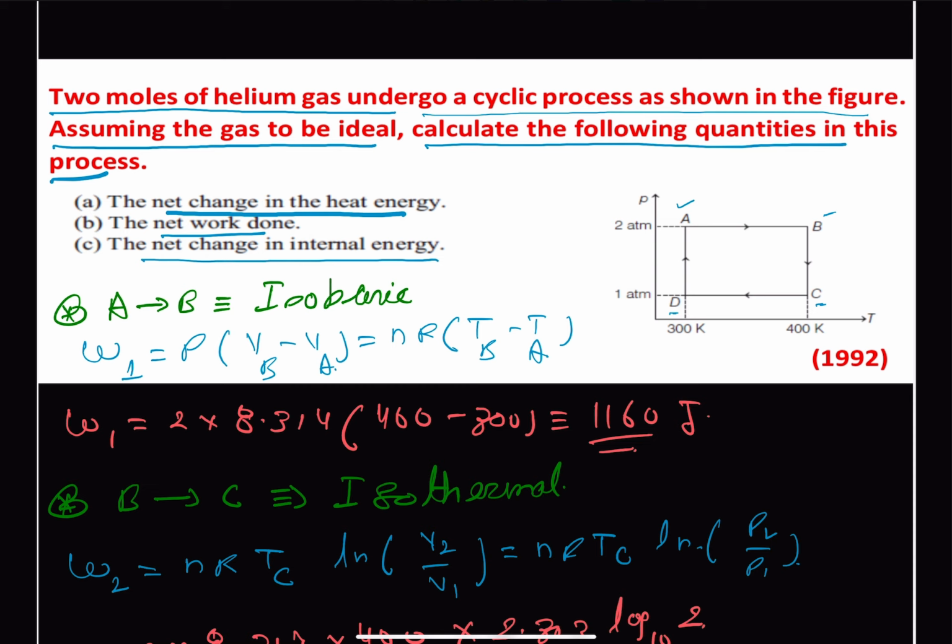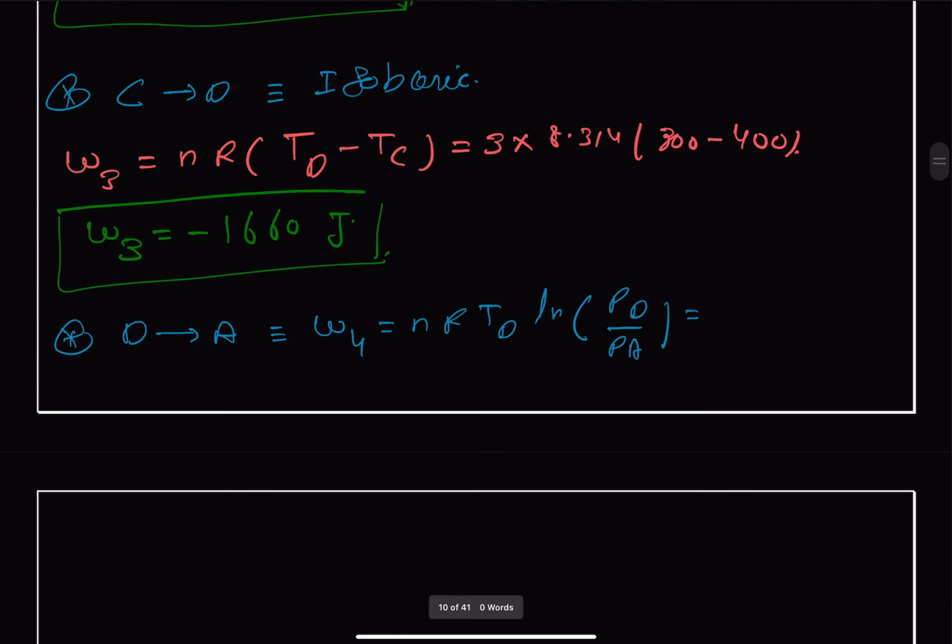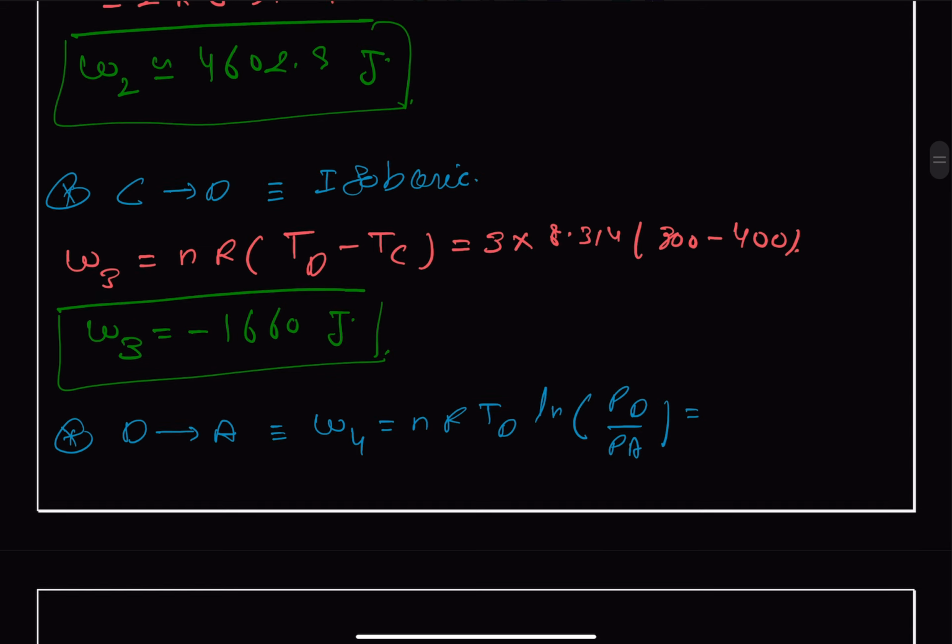I think there is some mistake. PD upon PA will actually be P2 upon P1.